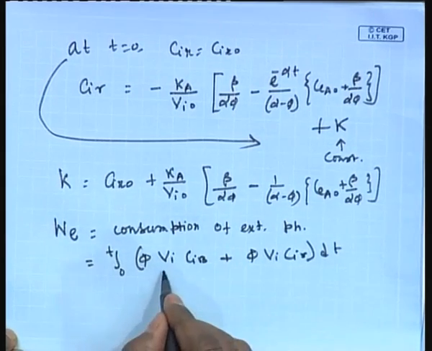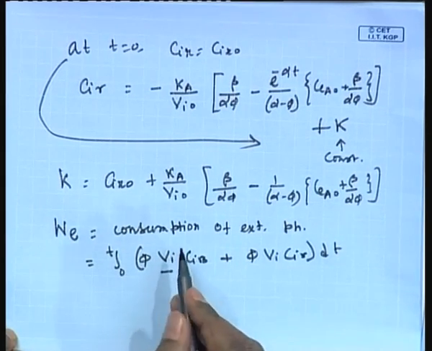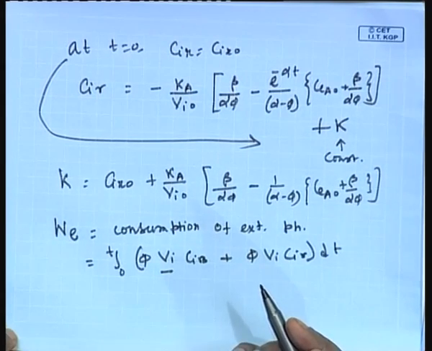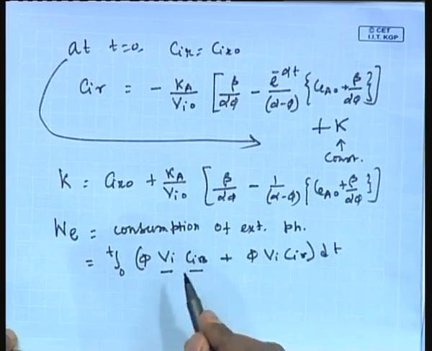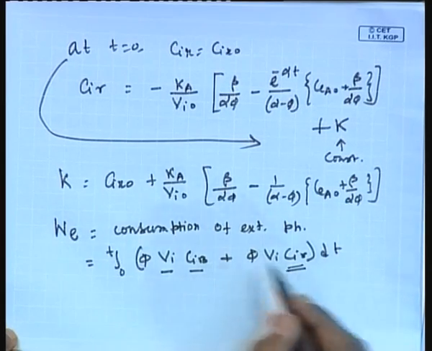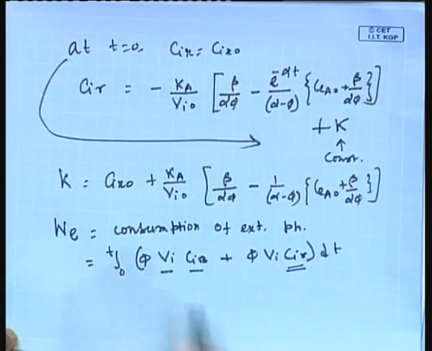We know the expression of V_I. Since the breakage is small, V_I will be equal to V_I0, and we know the expression of C_I_b earlier, and right now we have derived the expression of C_I_r as a function of time. That has to be substituted here, and this integral has to be evaluated numerically. Okay. So, you can find out the consumption of the external phase.